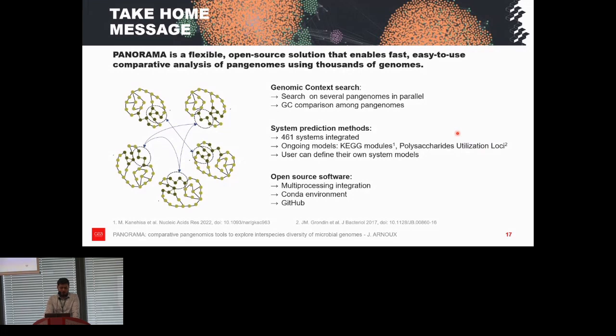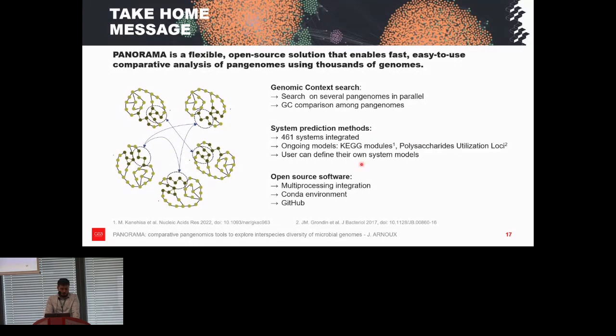There is also the system prediction method with more than 400 systems integrated. We are currently integrating the KEGG modules and the polysaccharide utilization loci to study metabolic pathways. And as I said before, all users can define their own systems with their own HMMs to use PANORAMA to search for a specific system in their pangenomes.